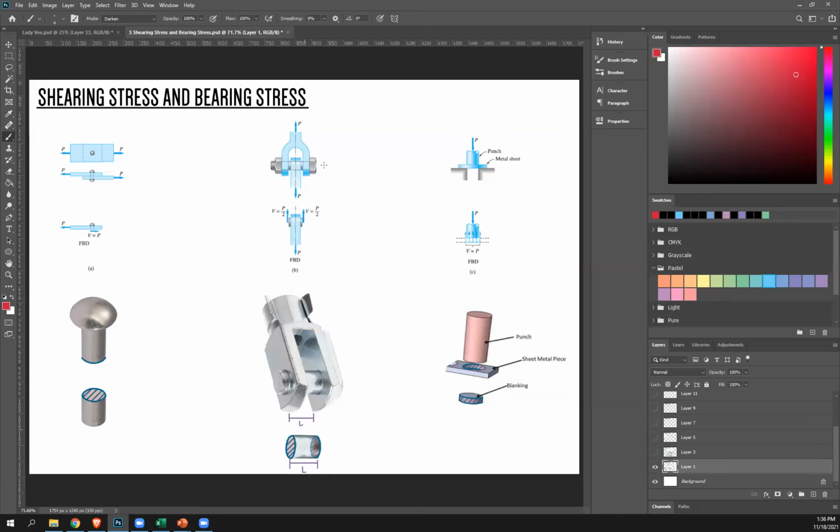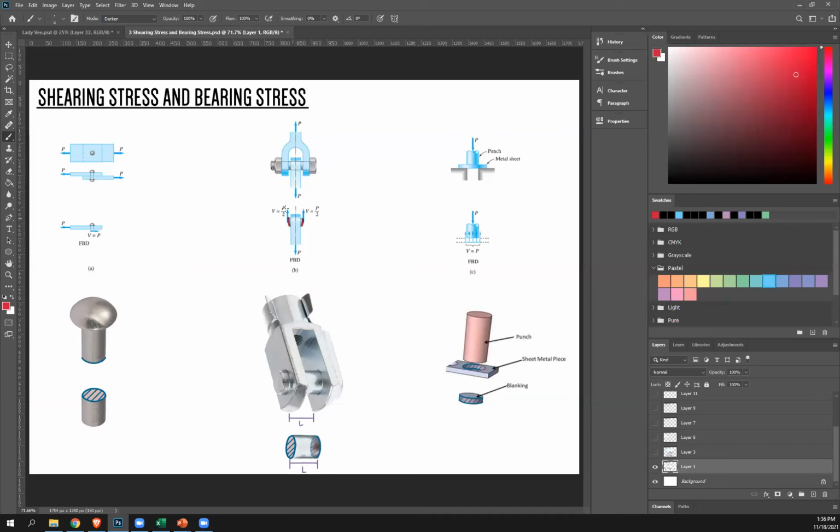Now for the second scenario, we have a bolt. This setup is called a clevis. Upon separating one portion of the clevis for your bolt, so again, this is your bolt, separating this section, we have this. We have an applied force downward, and then there are two sections of the bolt that were cut.